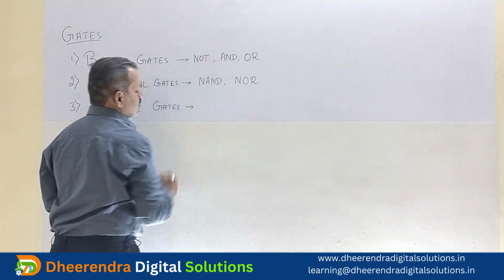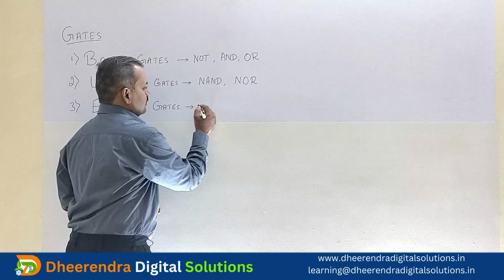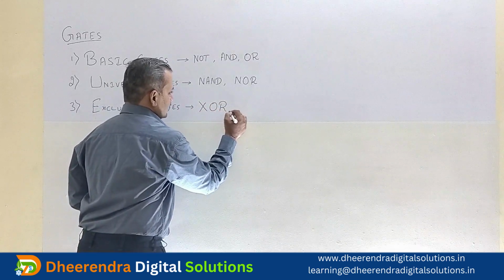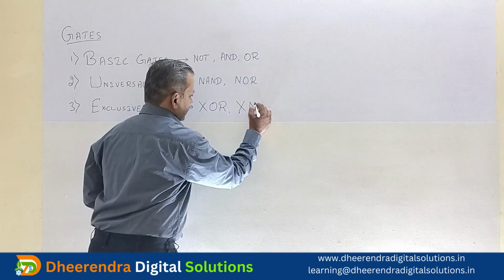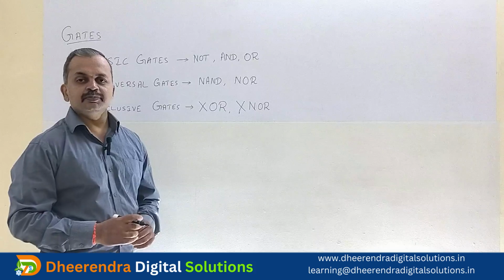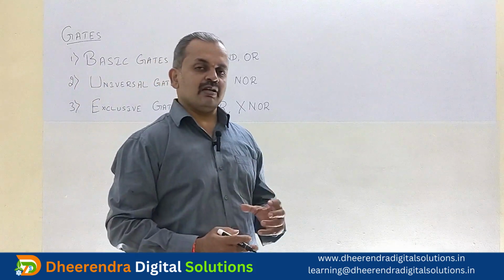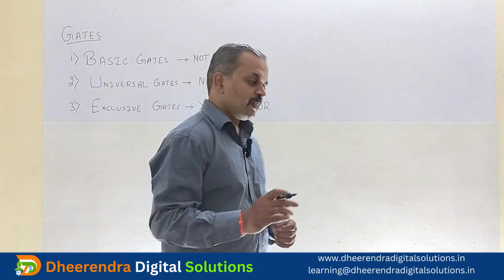And when it comes to exclusive gates, we have two gates. The first one is called the XOR, and the second one is called the XNOR gate. Now, from here on, let us study what each one of these gates stands for.